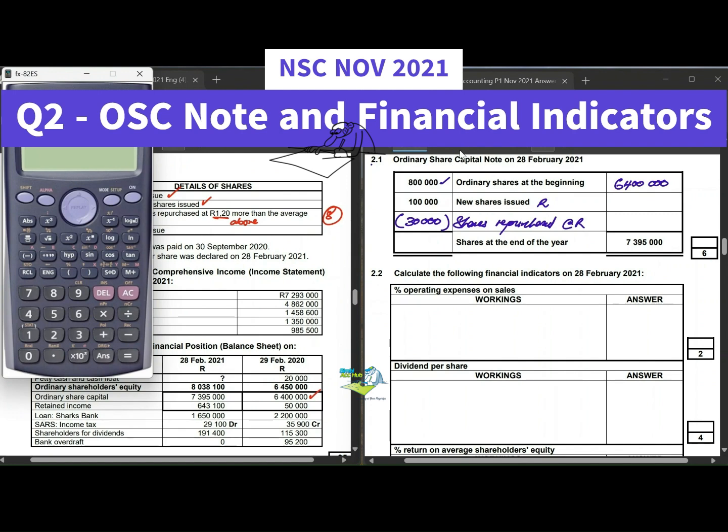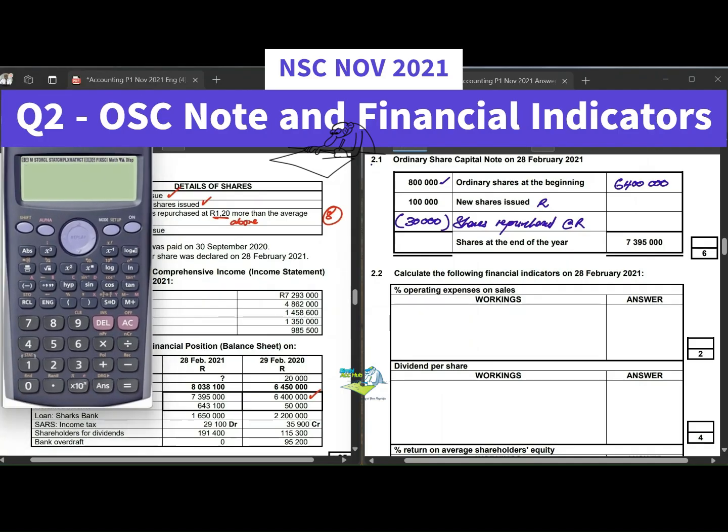On the calculator, I will say my 800,000 number of shares at the beginning. Then I add 100,000, which was issued. And then I subtract the 30,000, which was repurchased. I end up with 870,000 shares at the end of the year.